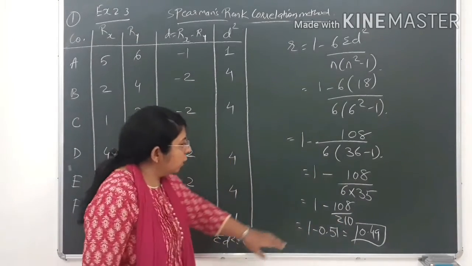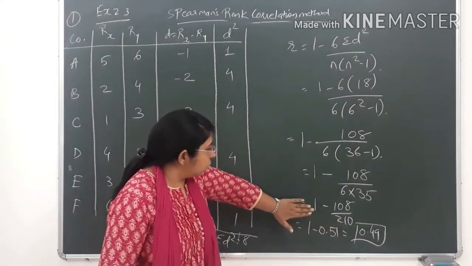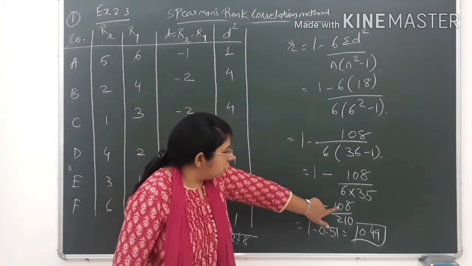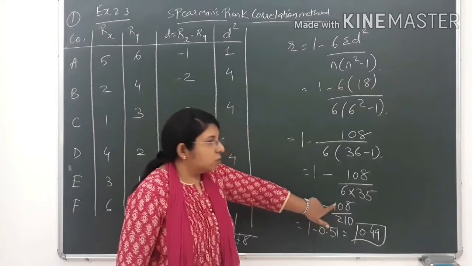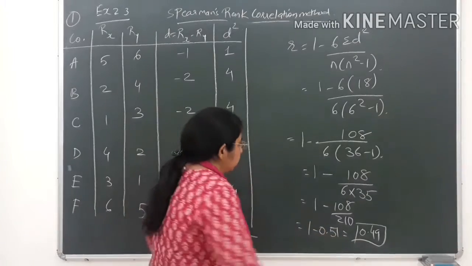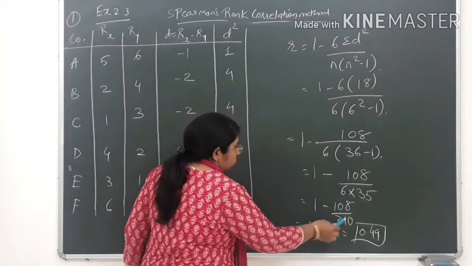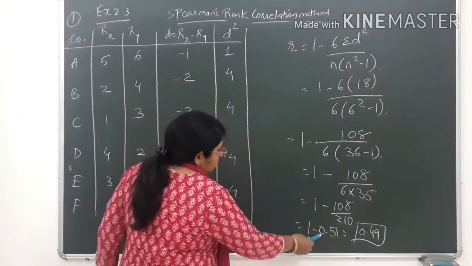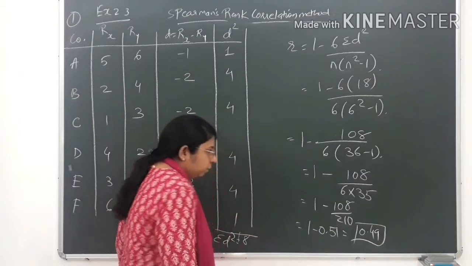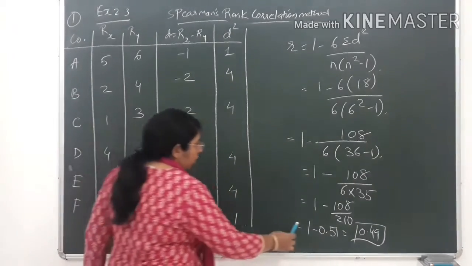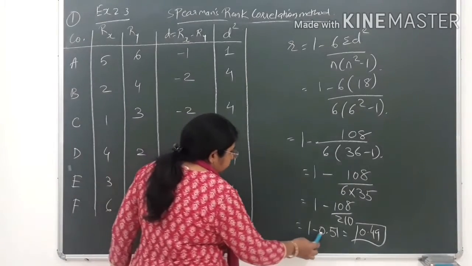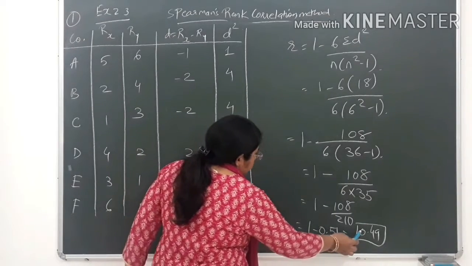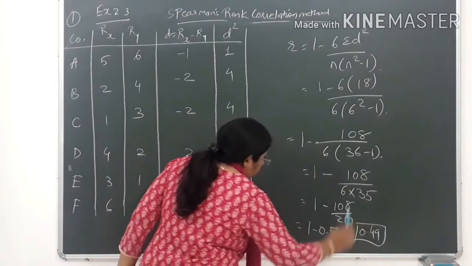First of all, you don't have to find the LCM, because the 1 is totally separate. First, divide the numerator and denominator: 108 divided by 210 gives 0.51. That you have to subtract from 1. So 1 minus 0.51 is equal to 0.49.